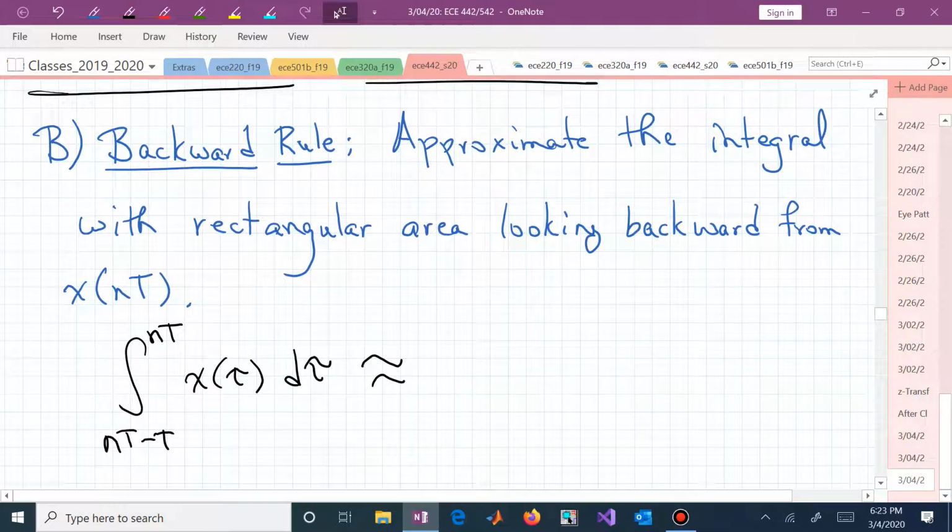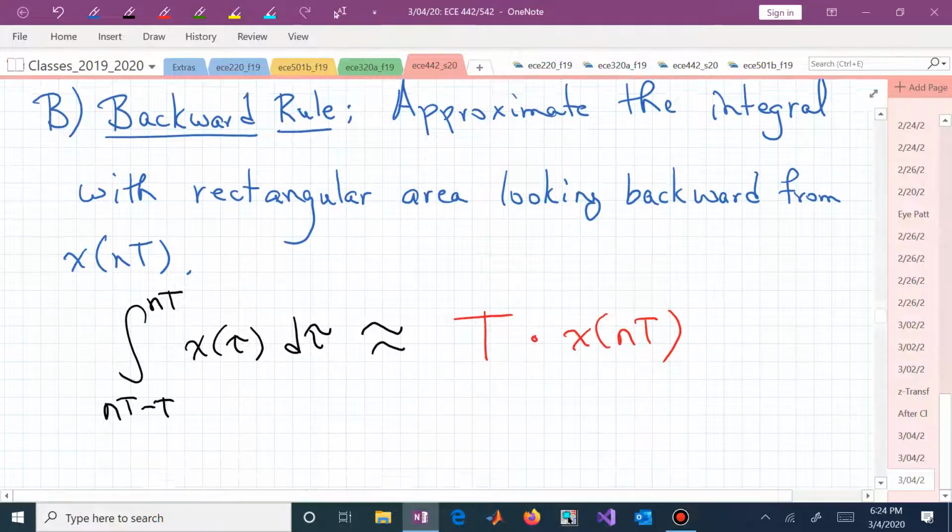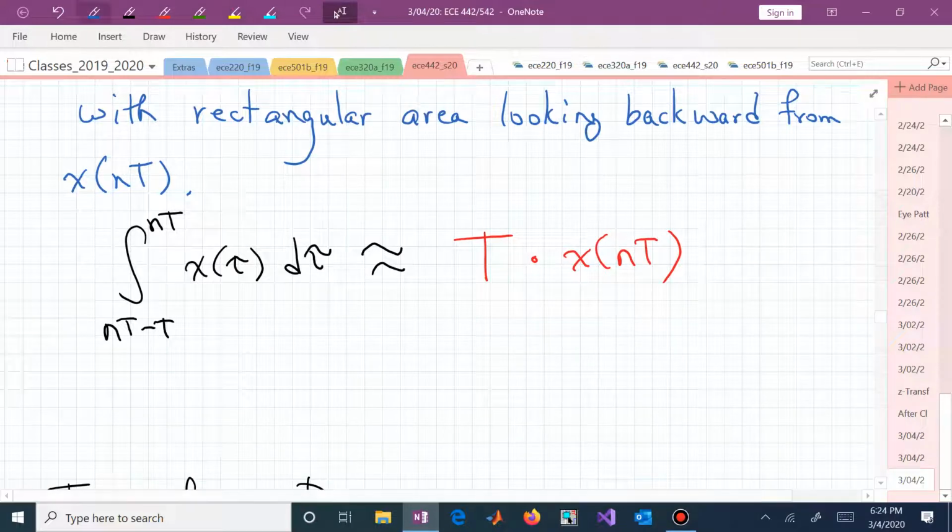What does that mean our approximation is equal to for this integral? What's the width? That hasn't changed. That's still T. What's the height of that rectangle? It's now the rightmost side of that rectangle, which is x at time nT. Or, what is our expression?